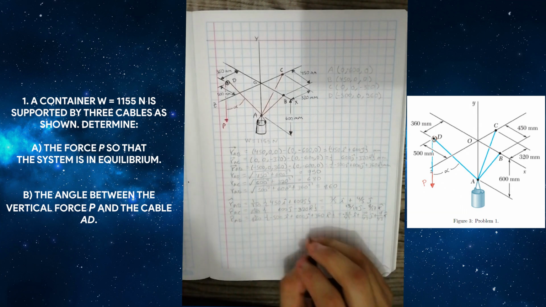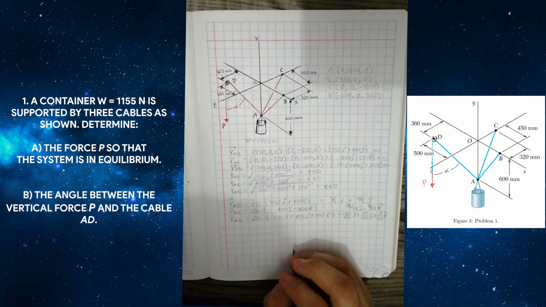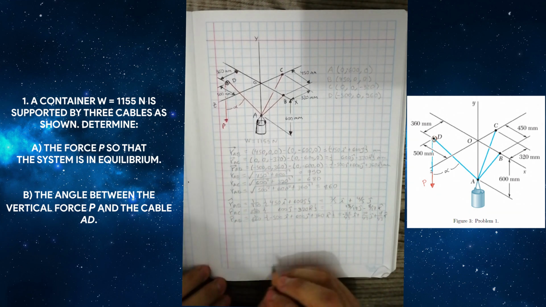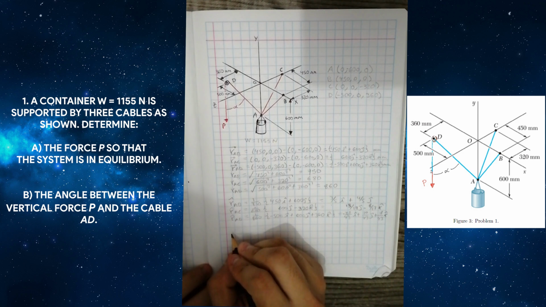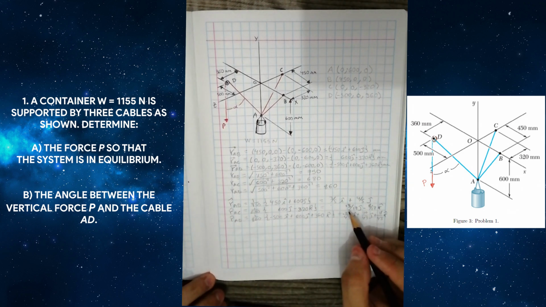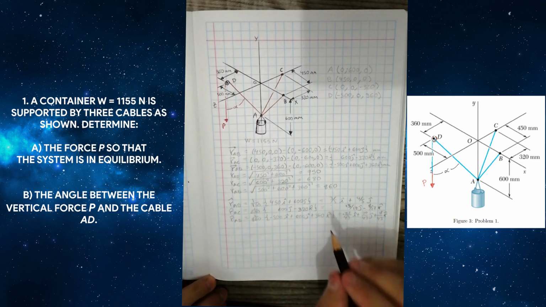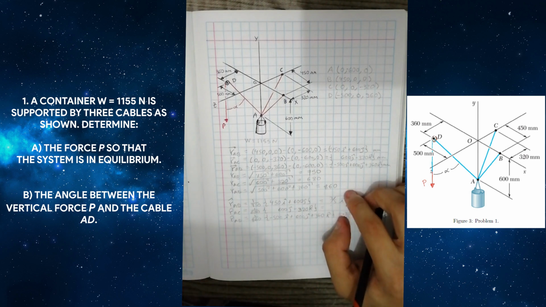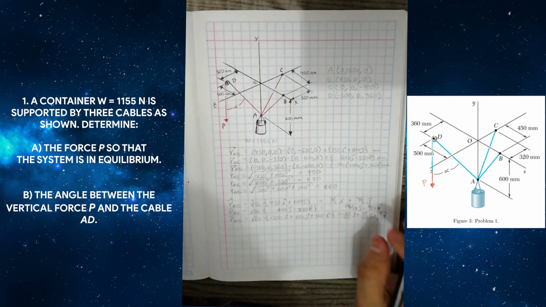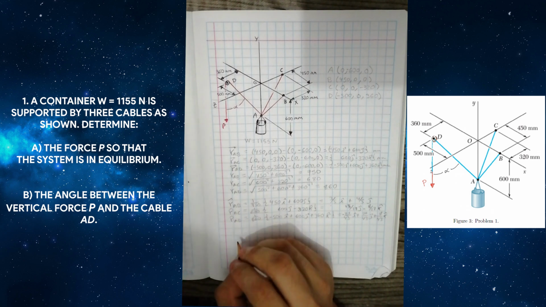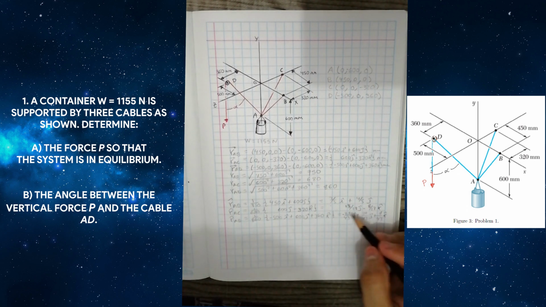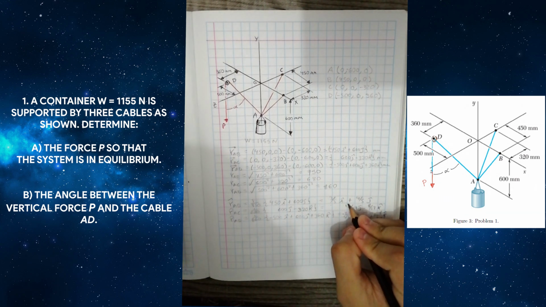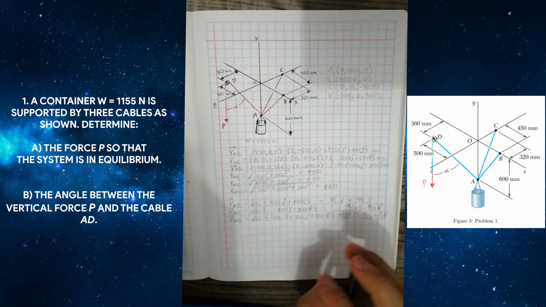Well, the next step is to transform these unit vectors into force vectors. To do this, the only thing I need to do is multiply each unit vector by its respective magnitude.